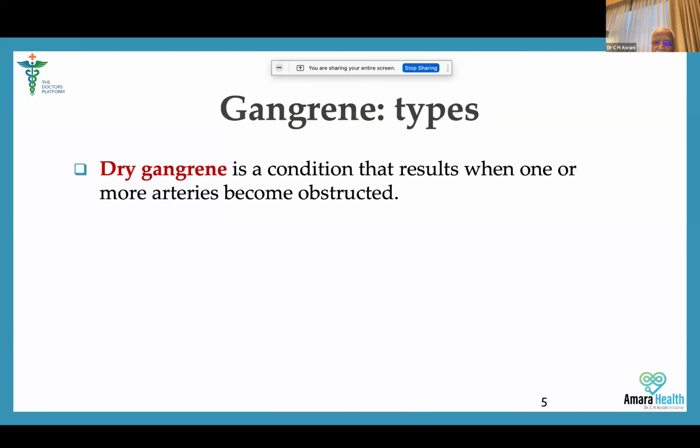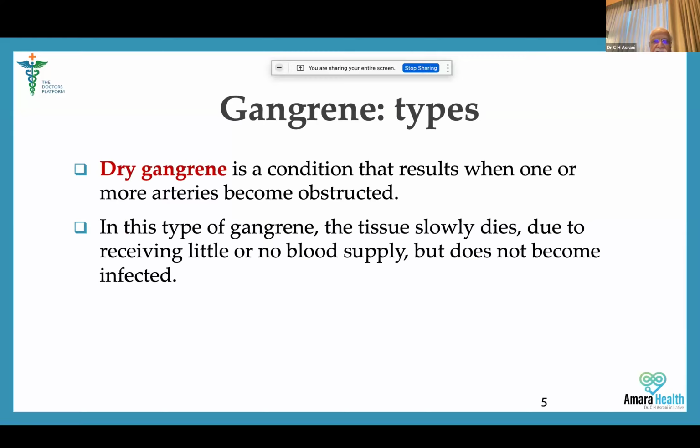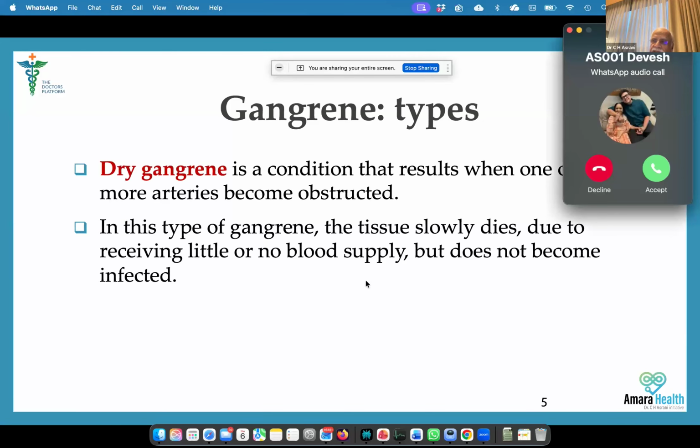Types: dry gangrene is a condition that results when one or more arteries become obstructed. Of course, wet gangrene also is similar, but dry gangrene is different in a way. In this type of gangrene, the tissue slowly dies due to receiving little or no blood supply.